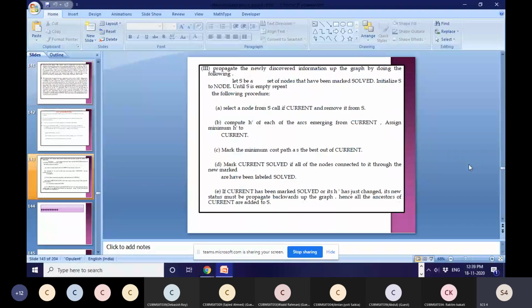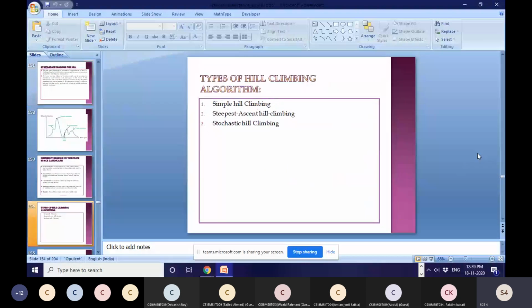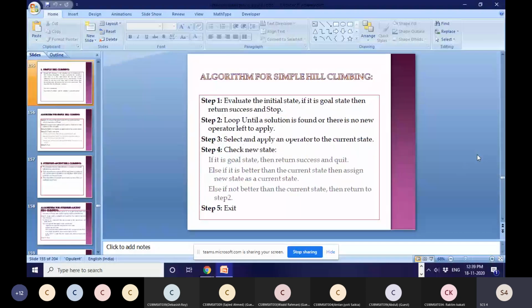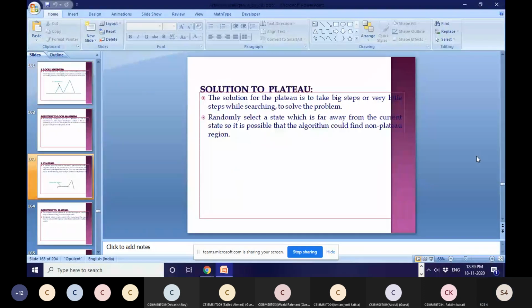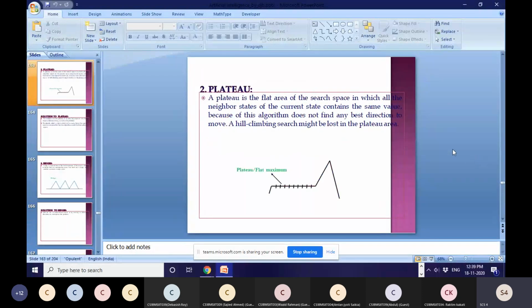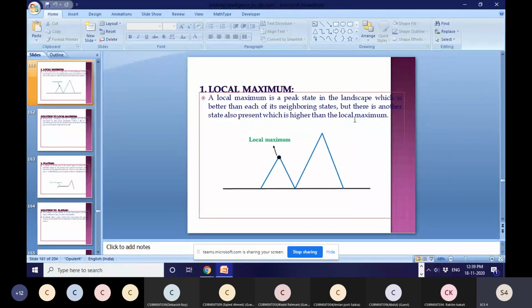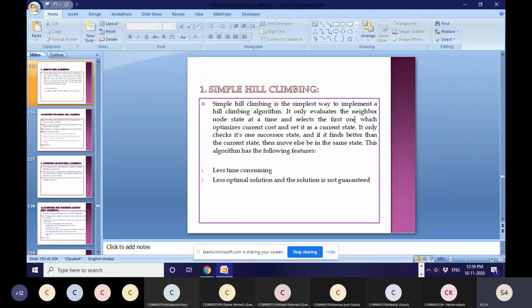In brief, we covered local maxima, plateau, and ridges, and the solutions for each of them, meaning how to tackle these problems. We also discussed a few variants of the hill climbing technique.